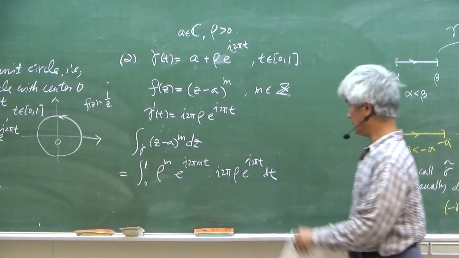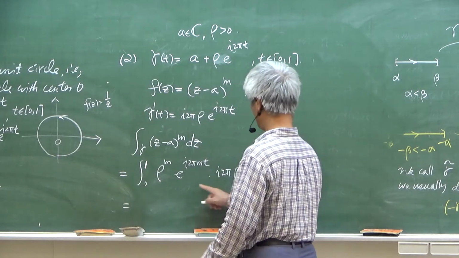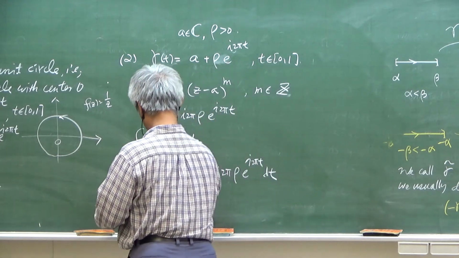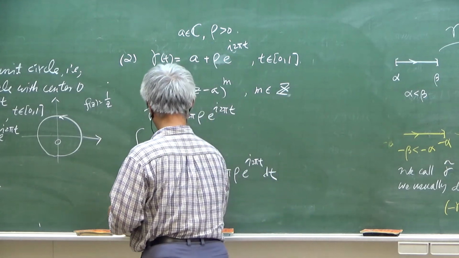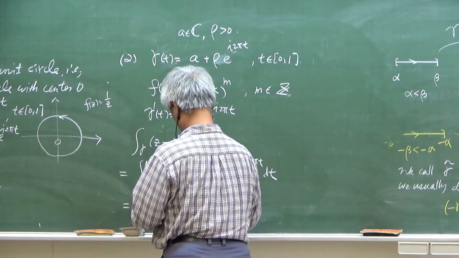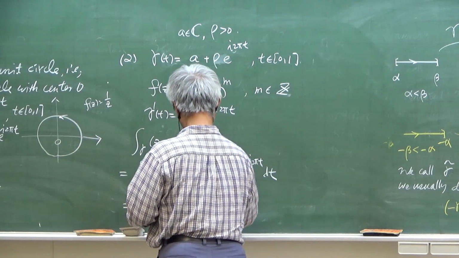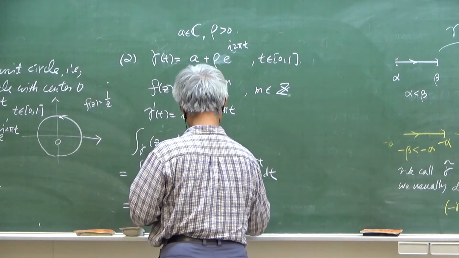So that is good. Now we move 2 pi i, the constant, and rho to the m plus 1 power, and from 0 to 1, e^(i 2 pi (m plus 1) t) dt.